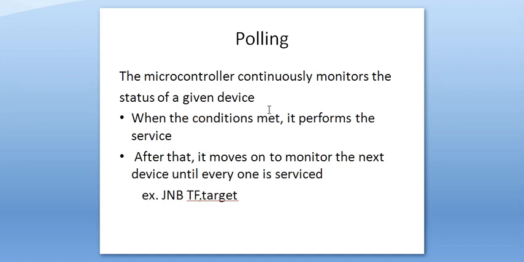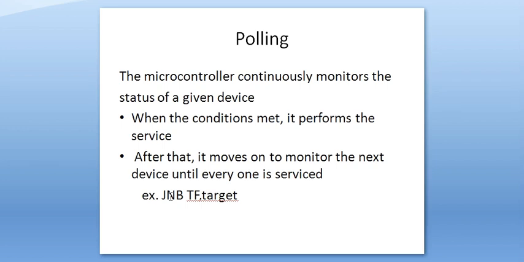In this case, the microcontroller has to individually access the external devices or external events to check whether they need any services. When the condition is met, it performs the service. After that it moves to monitor the next device until everyone is serviced. So it is going to check each of the devices and give the service for it, until all the services are given.